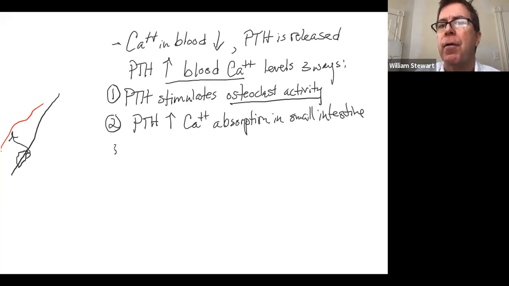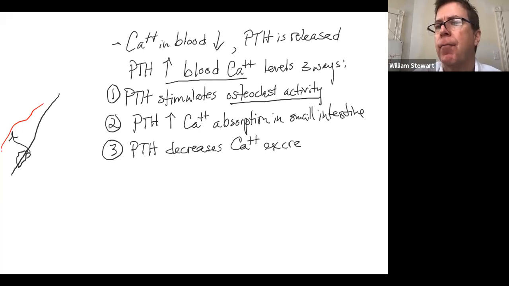And third, this hormone that's released from the parathyroid glands, PTH, decreases, so it's opposite, calcium excretion in the kidneys.